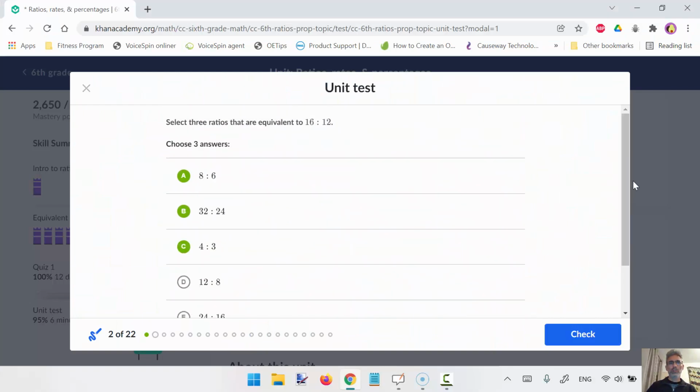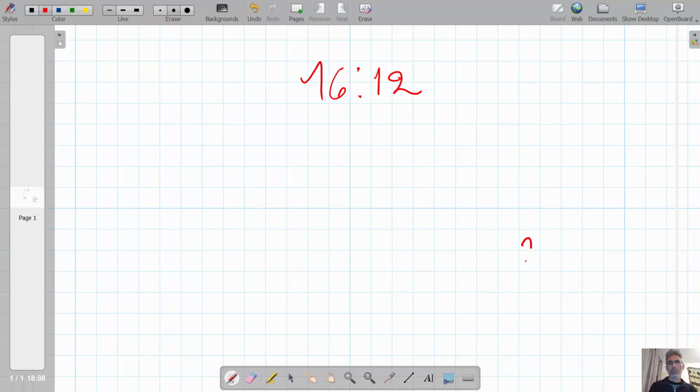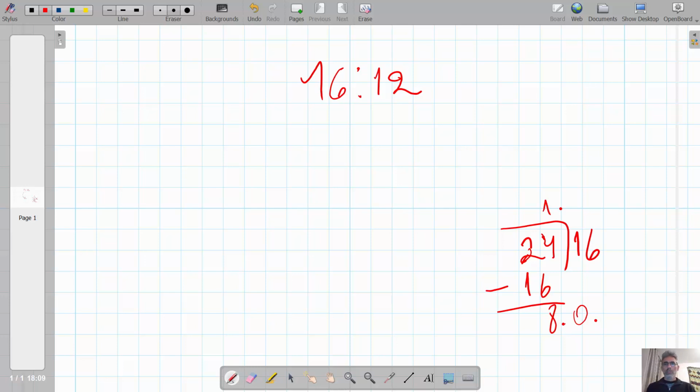To go from 16 to 24, 24 divided by 16, 24 minus 16 is 8, 80, 16, how many times does it go into 80? 5, right? Yeah, 5.5, 5 times 16 is 80.